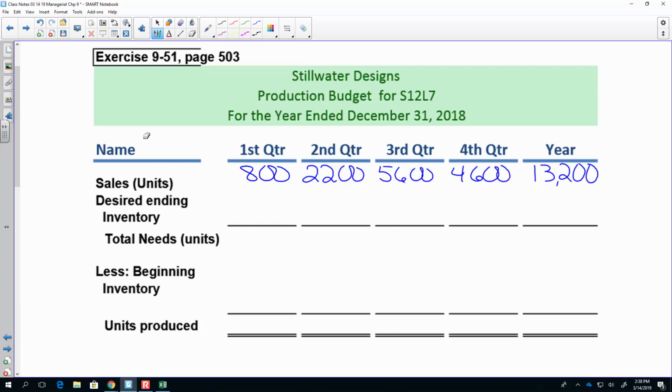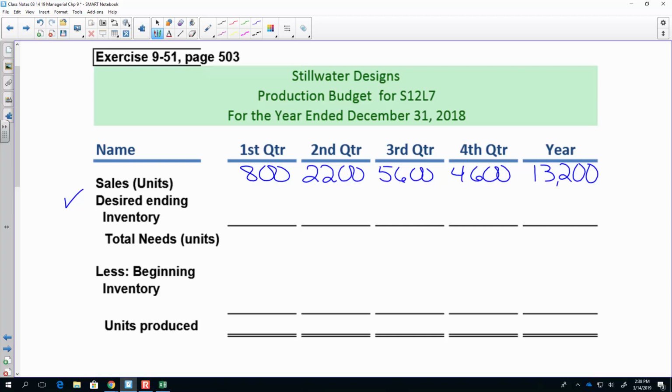This is in the other packet again, guys, sorry. The reason I want to practice this problem is that this desired ending inventory is more like the problem in your project, as well as on the exam. You'll be required to do a production budget report on your exam.